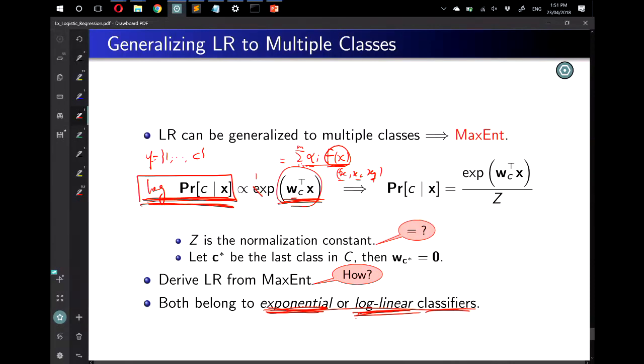There are different names, but this gives you more powerful models, related to graphical models and other more advanced models. But that's the general idea.